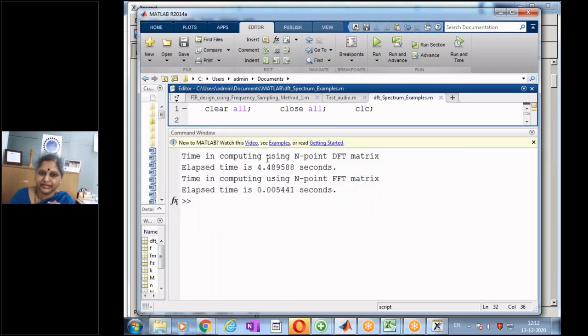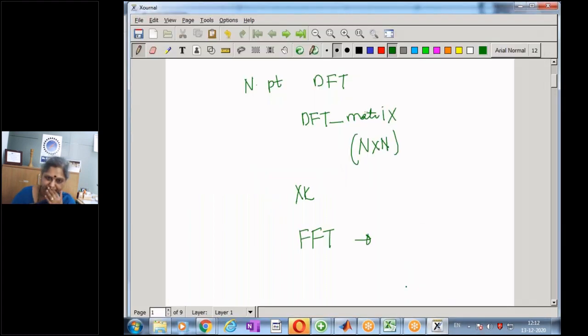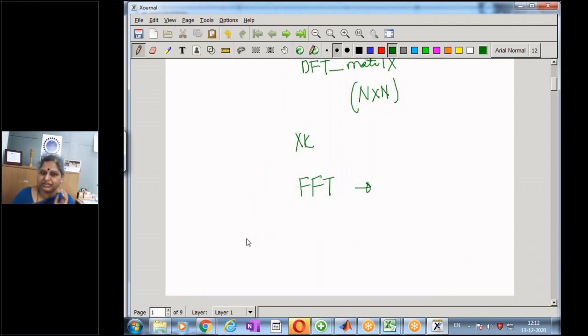When I do that, the time taken is 4.48 seconds, whereas when I use the FFT command, the time taken is only 0.005 seconds. So this is an example to show that the FFT command definitely uses less computation time.